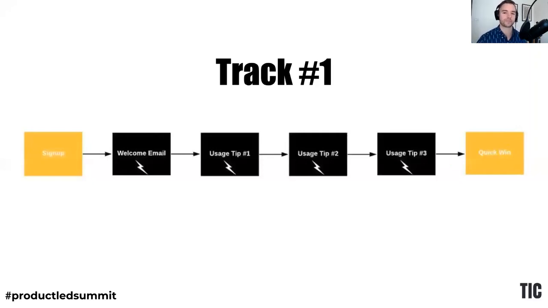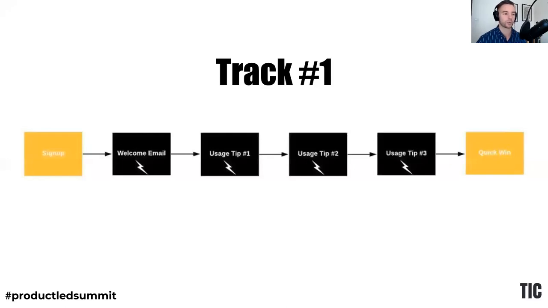And so the great part about user onboarding track 1 is that it is entirely trigger based. So let's say we have a friend, Tom, who signs up for our product and he's a power user. In his first session, he does all the things. He gets to that first quick win check mark.